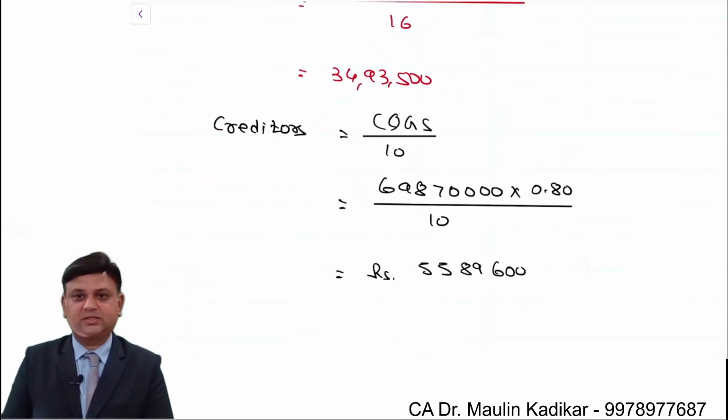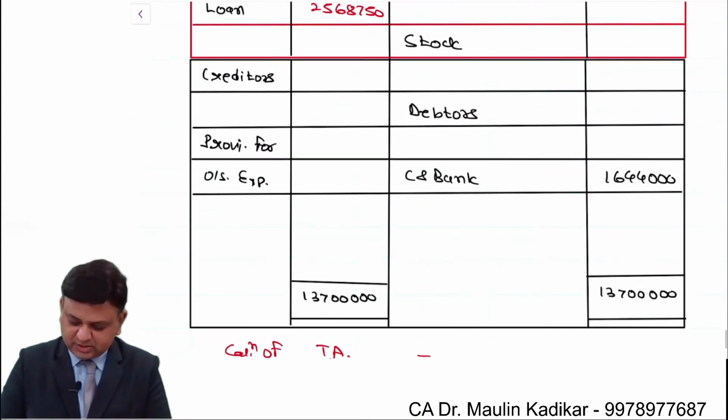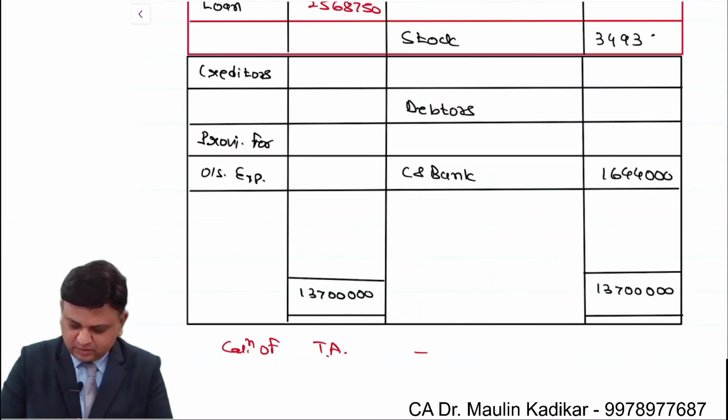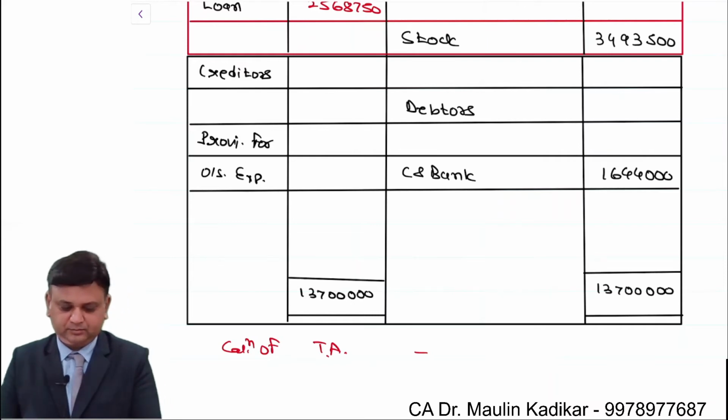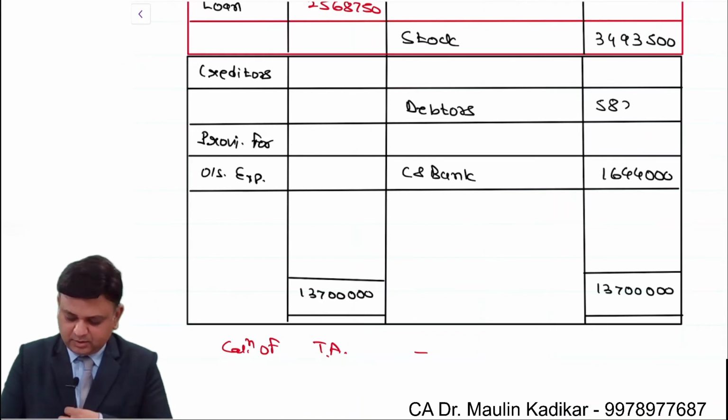Creditors: stock is 34 lakh 93,500, and the debtors' value is 58 lakh 22,500.